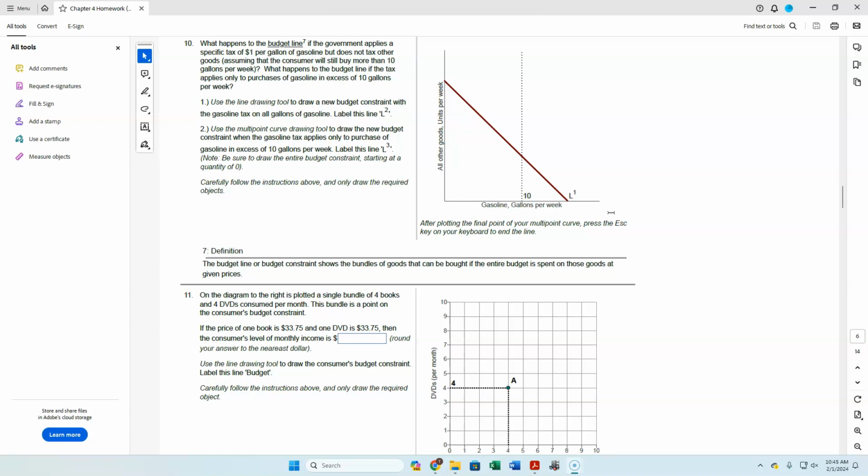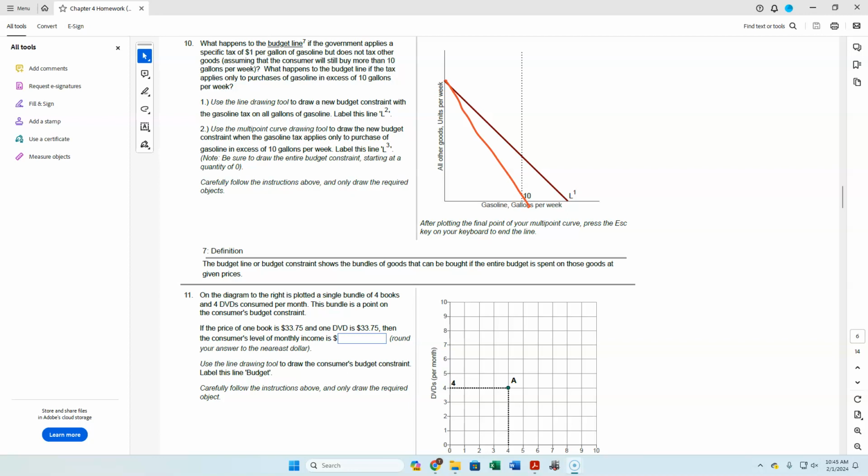Presumably, if the gasoline is measured as gallons per week, and it's a specific tax per gallon, it's going to pivot, with the x-intercept now being closer to the origin after the tax is imposed.